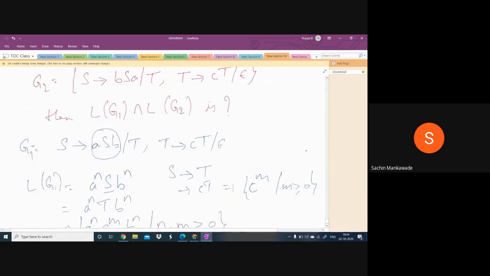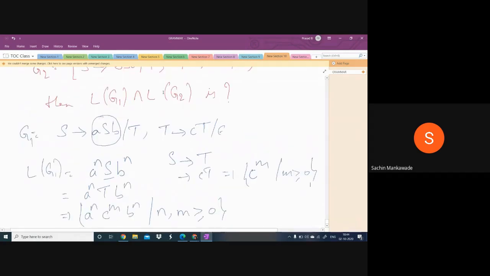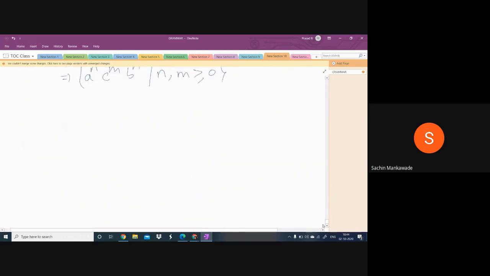What is L of G2? G2 is: S derives BSA or T, and T derives CT or epsilon. Here S derives BSA, and in the S place again BSA, BSA, BSA, so on.